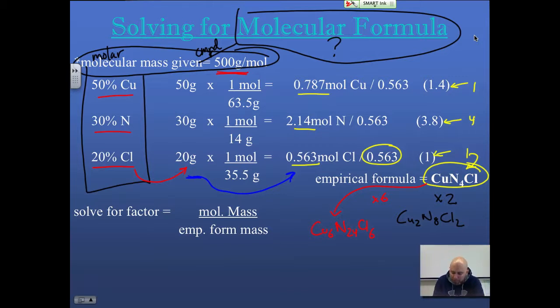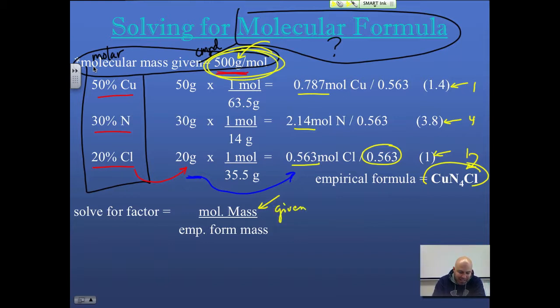Okay? But what I'm looking for here is that factor. So, to do that, you take the molecular mass, which is given, okay? And you divide it by the empirical formula mass.